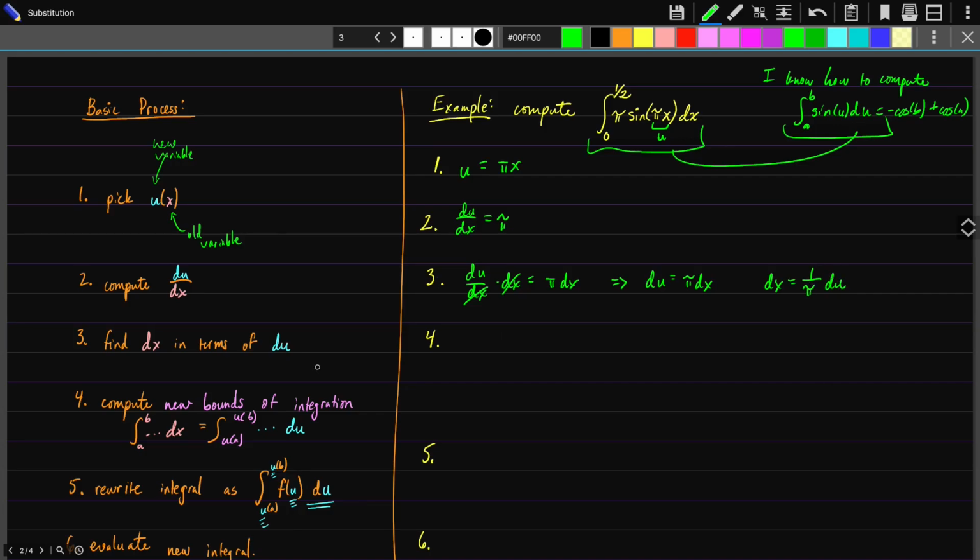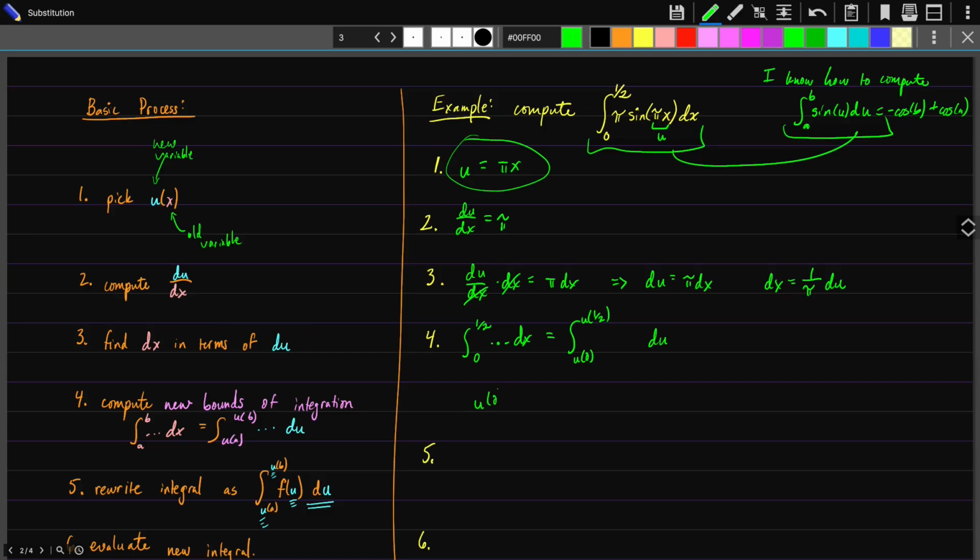The next step is to compute new bounds of integration. So the old bounds of integration in this problem are 0 and 1 over 2. So in my dx integral, I'm integrating from 0 to 1 over 2. In my new integral, which will be a du integral, I'm going to be integrating from u of 0 to u of 1 over 2. So I need to figure out what those numbers are, and I've got my formula right up here that I'm going to use to find those numbers.